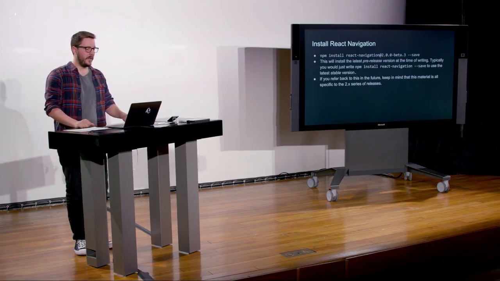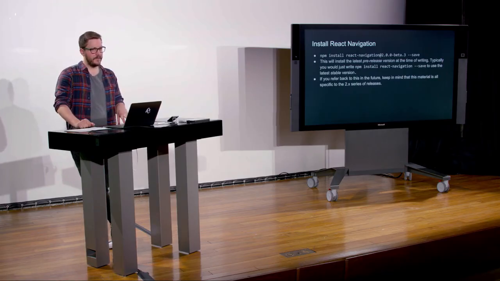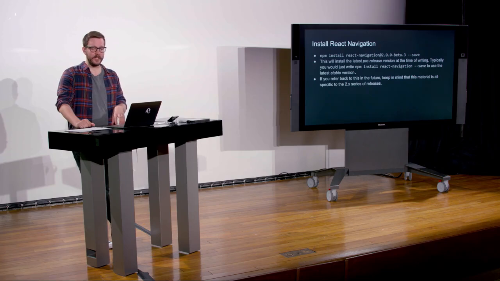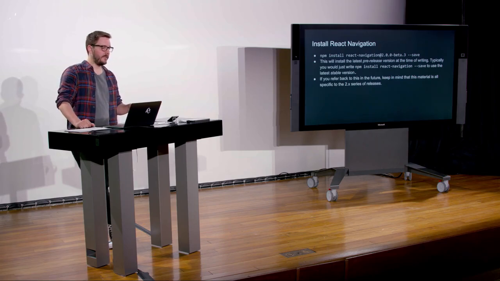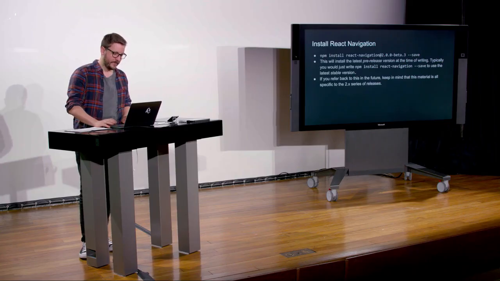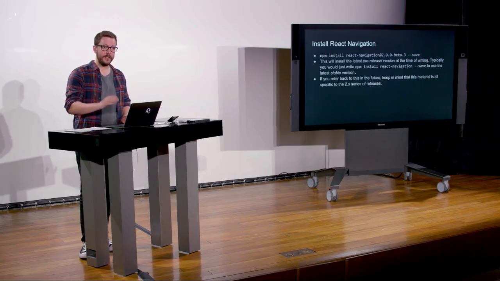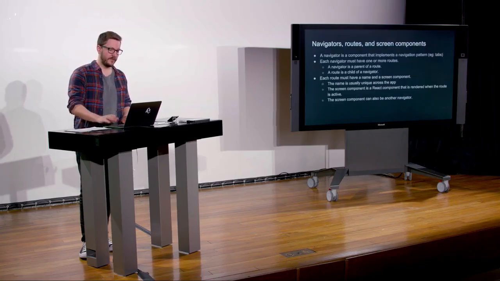However, for the sake of this lecture, we are just about to release a new version of React Navigation. Currently, the stable version is 1.5 or so, and React Navigation 2 has some significant differences. So we wanted to make sure that the things you're learning today don't go out of date next week. If you're referring to this in the future, keep in mind you should use a 2.x series of releases.